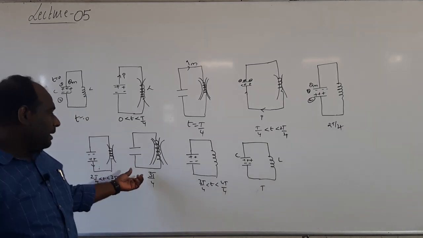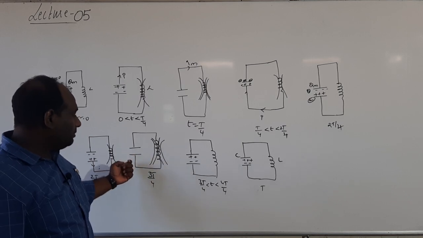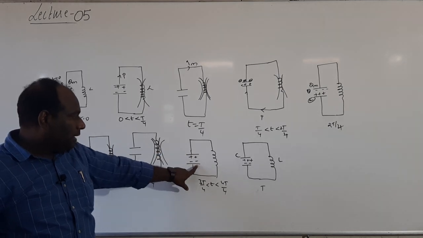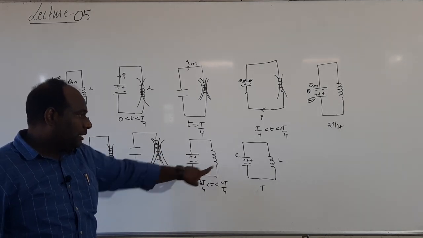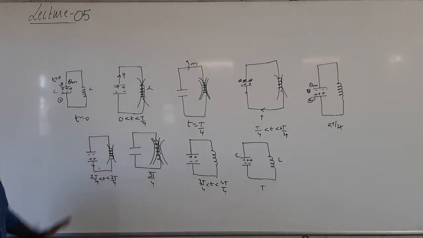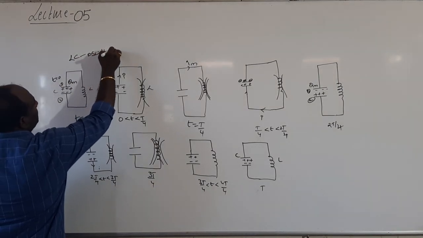After some time, at 3T/4, the total charge stored in the capacitor becomes 0 and the total charge is stored in the inductor. Now the inductor starts losing energy, and once again the capacitor is completely charged. So the charge is oscillating between the inductor and capacitor. This phenomenon is called LC oscillations.